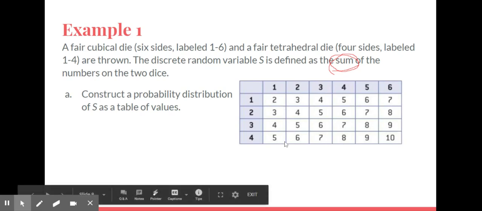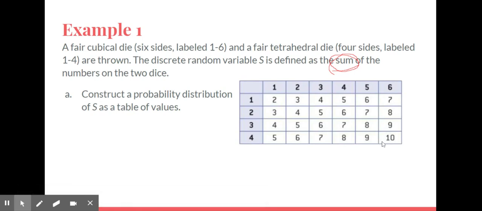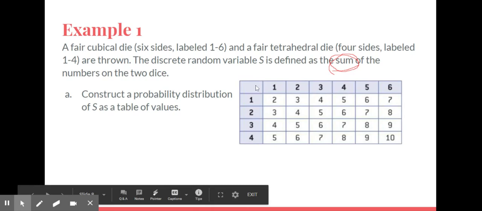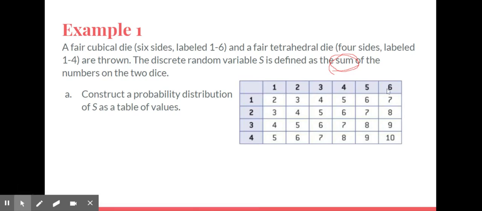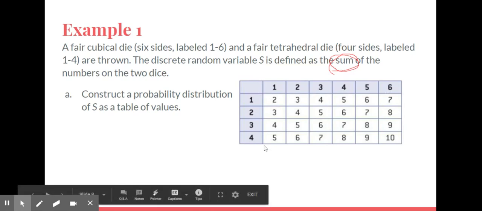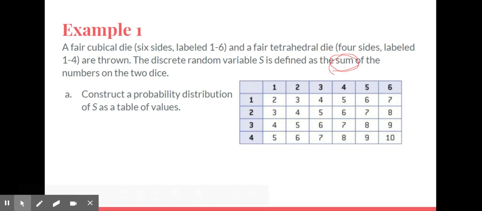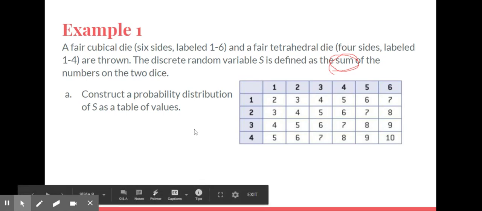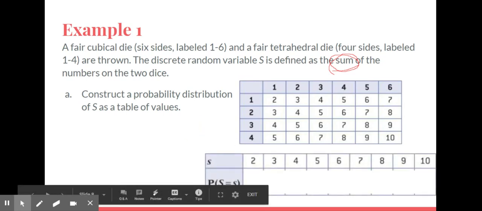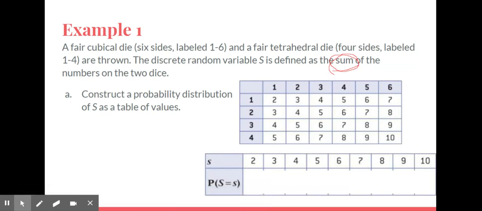So we have all of these sums from 2 to 10 inclusive and only integers, since these dice only had integers on their faces. Now when I go to set up my probability distribution, I know my first row includes all the numbers from 2 to 10 inclusive.